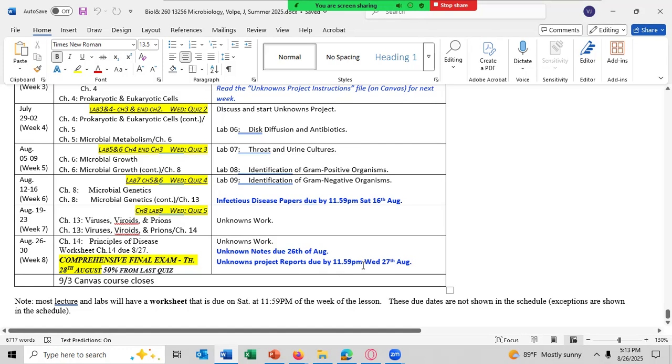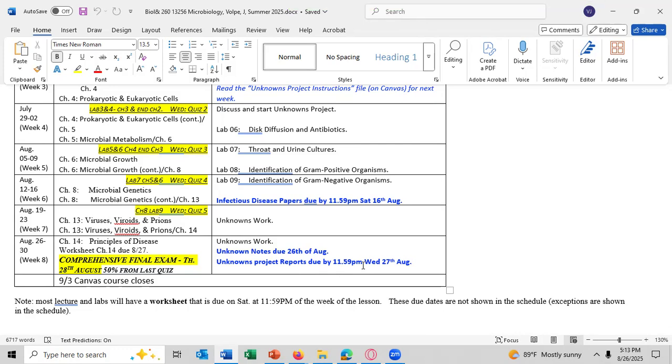I do know that some of you waited to the very end. I told you you have to get started on this project about 2 weeks in advance because it'll take most students, average students, 2 weeks to get the project done. And you're not going to have the time to get this project done. Any questions about any of that?